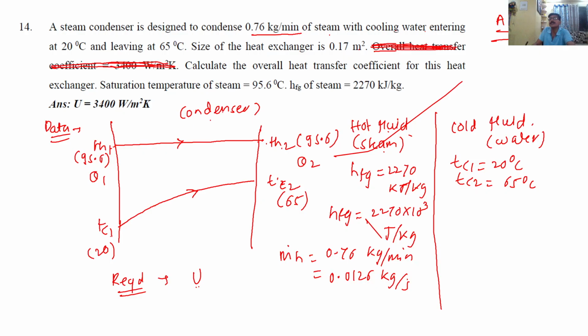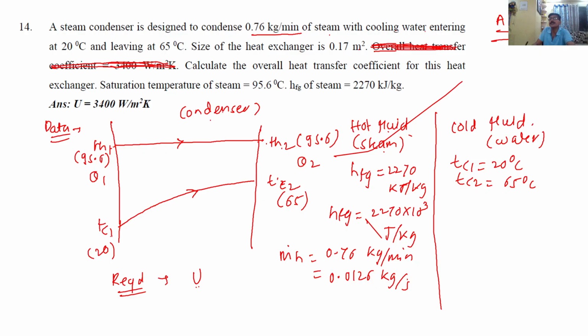So U is 1000, area is 12, and C minimum we just calculated, 26,666.56. I will get the answer of NTU as 0.45.